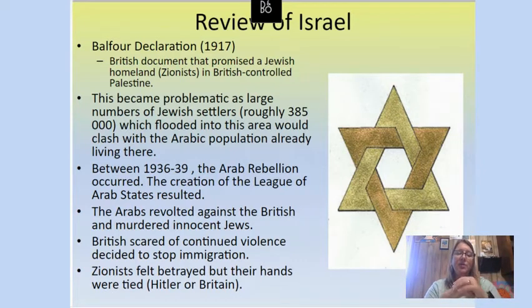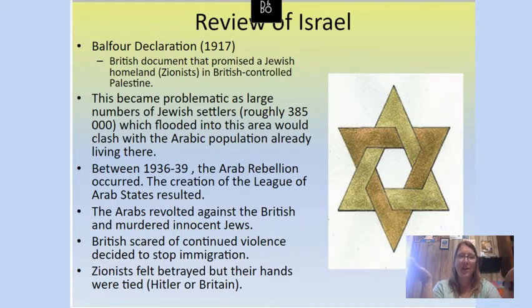Through this league, the Arabs revolt against the British who were controlling Palestine at that time. They murder a lot of innocent Jews, thousands. The British occupation, scared of the continued violence, stops allowing Jewish refugees into this land that the 1917 document says would be their homeland.